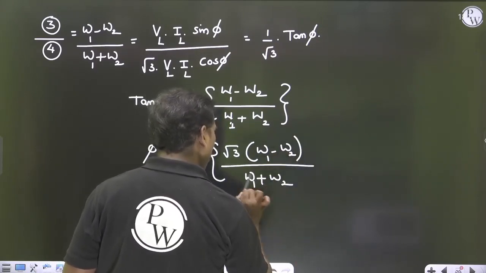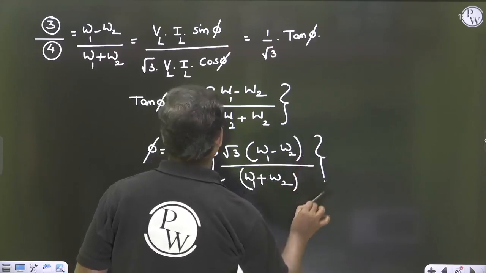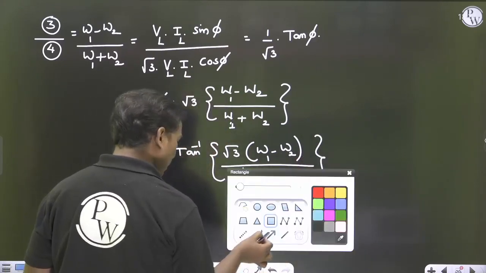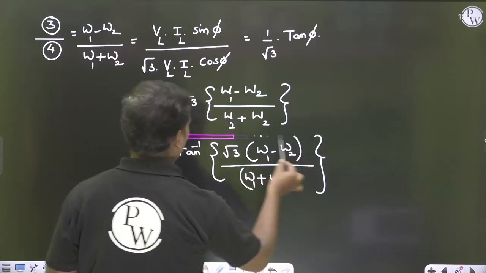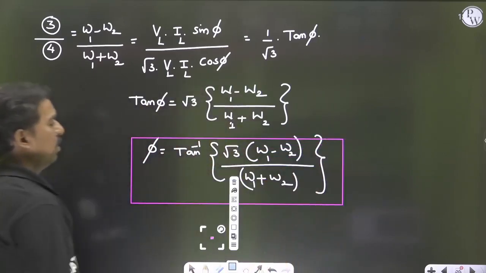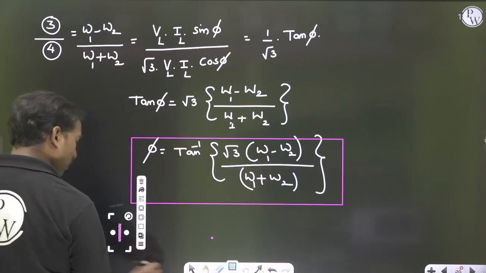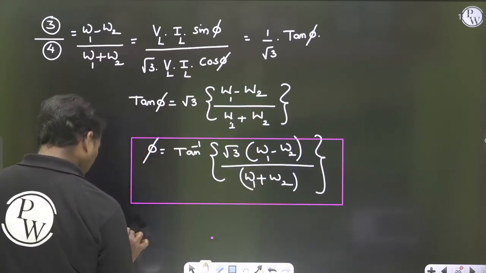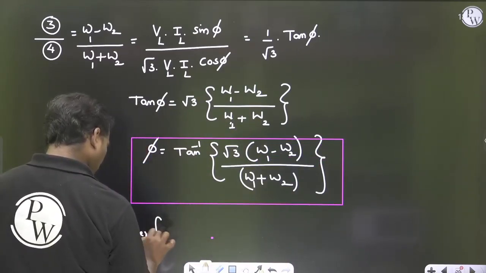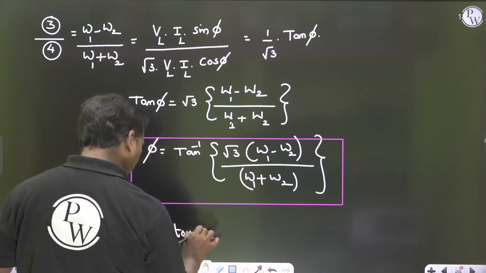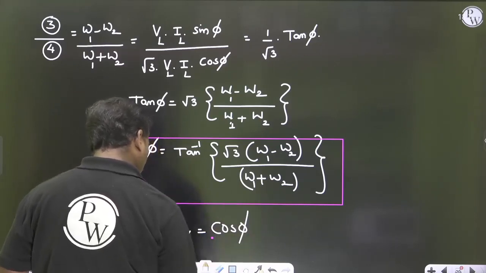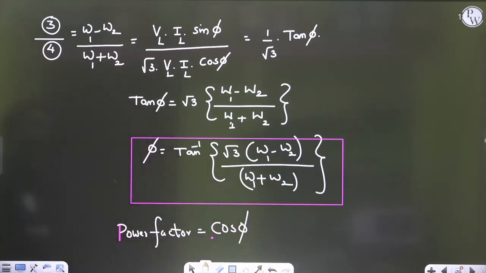So from this, we can get the power factor, cos phi, that is cos of this.